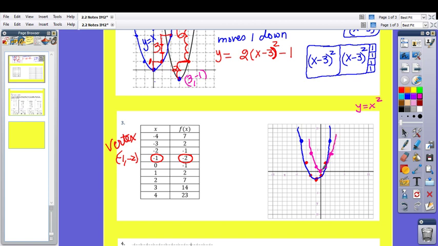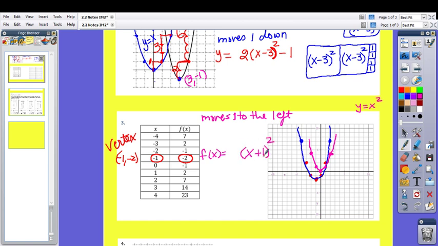Now from the vertex 0, 0, you are going 1 to the left. Now how you say that in your function, you will say x plus 1 and square of that.